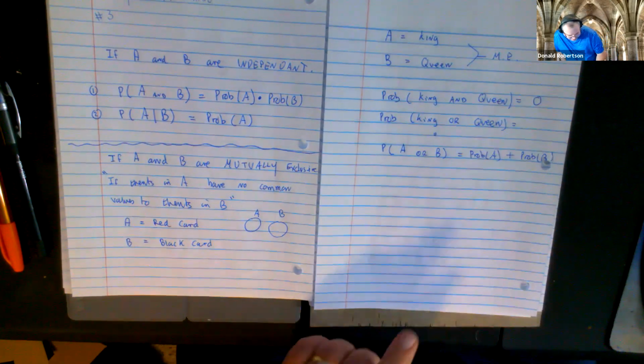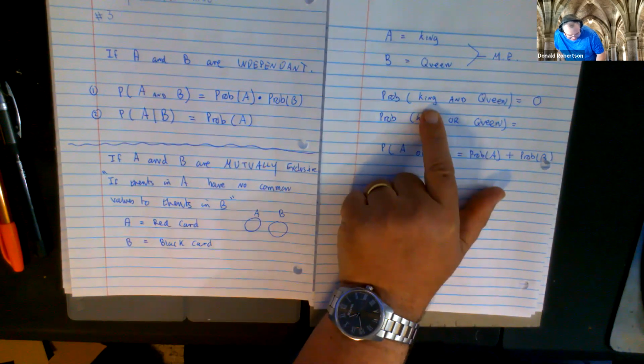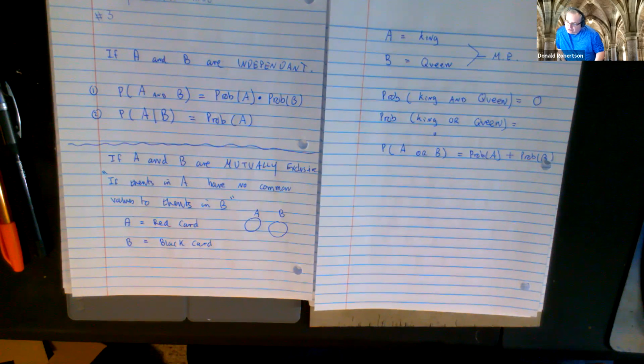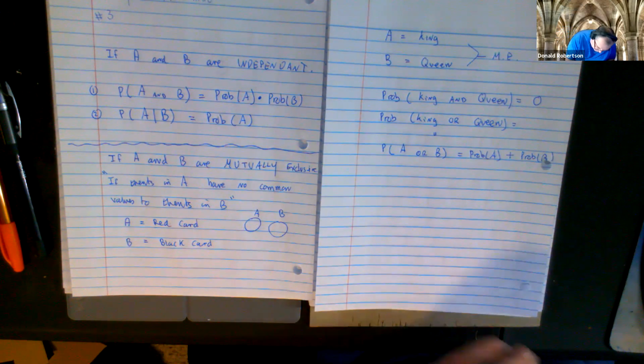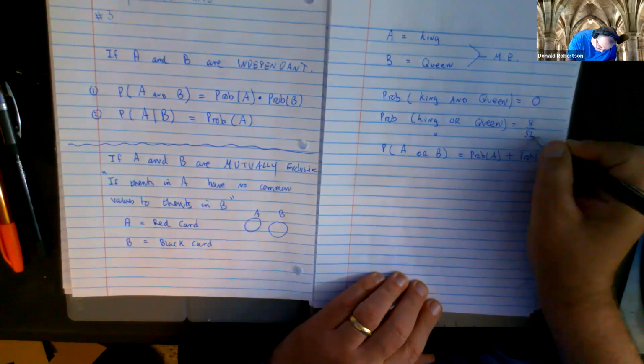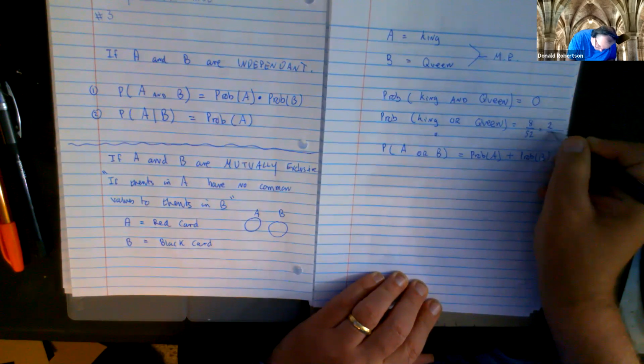So if I wanted to find the probability I get a king or a queen, in a deck of cards there's 4 kings and also 4 queens. So that would be 8 out of 52, which I think simplifies down to 2/13.